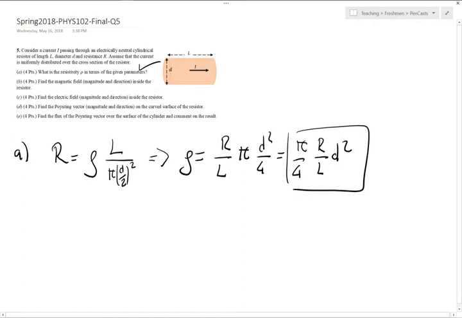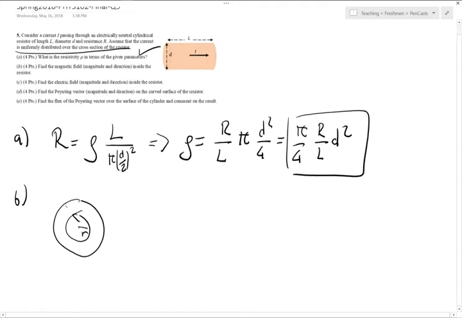We are asked to find the magnetic field magnitude and direction inside the resistor. Well, the current is uniformly distributed on the inside. So if I take a cylindrical cross-section, an Amperian loop of radius r, what would be the current inside this Amperian loop?